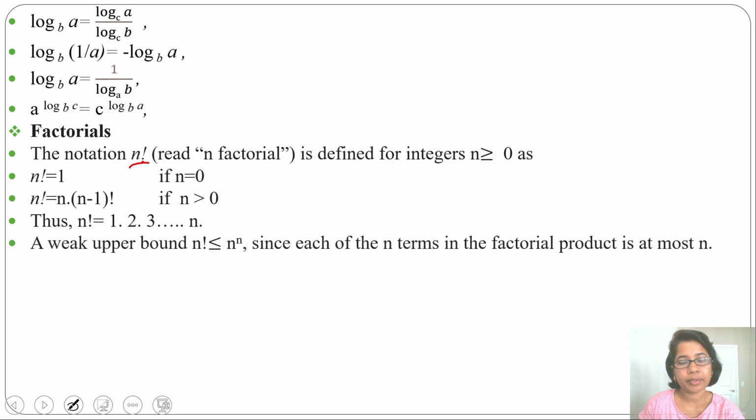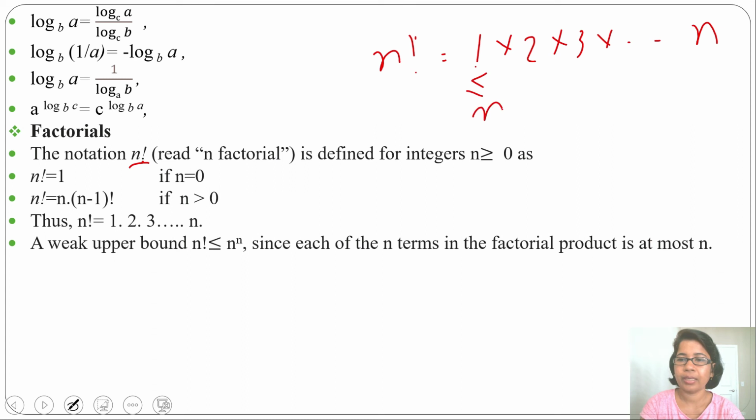A weak upper bound is n factorial less than or equal to n power n. As you can write, n factorial equals 1 multiplication 2 multiplication 3 up to n, and this 1 is less than or equal to n, this 2 can be less than or equal to n, this 3 can be less than or equal to n, this n can be less than or equal to n. So we can say n factorial is less than or equal to n power n.